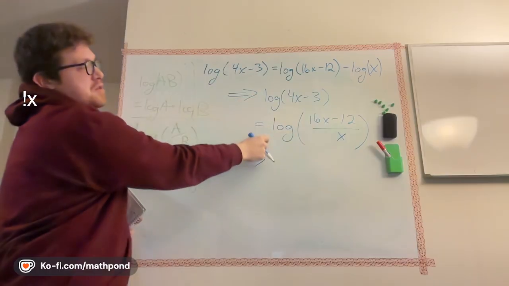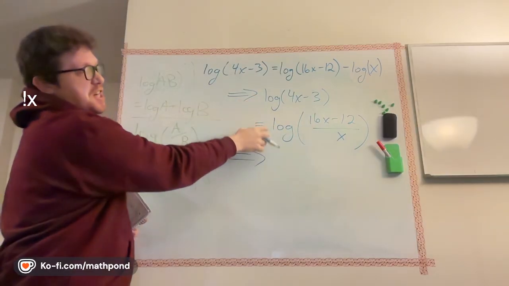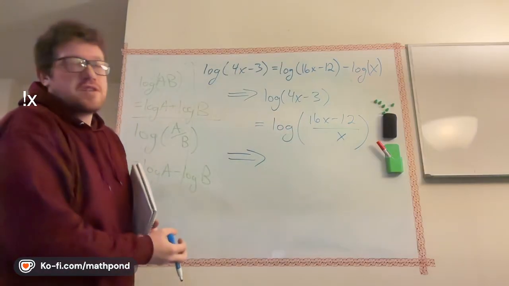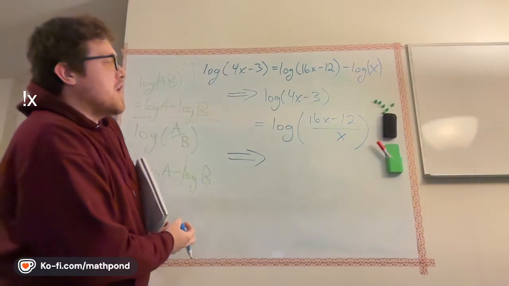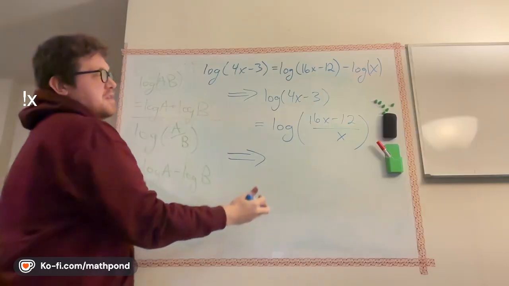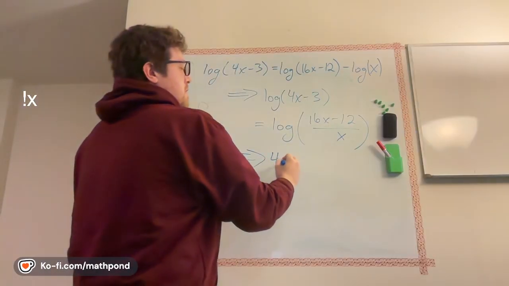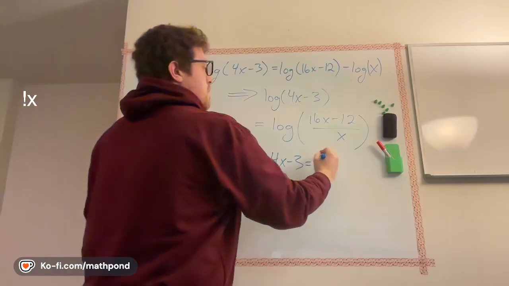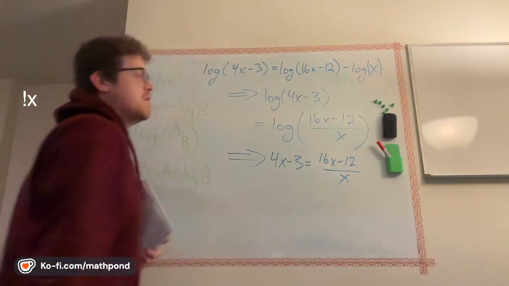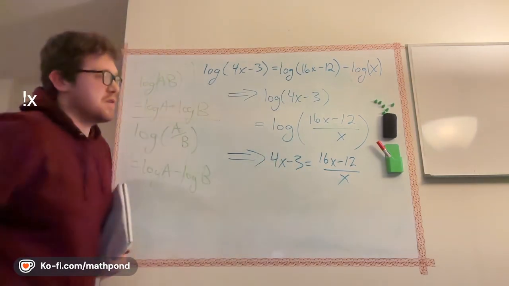Or you can think of it as log being a bijective function, at least on the domain and range where it's defined. So if log of something equals log of something else, that's if and only if the inside things are equal. And then you multiply by x, and then you get your quadratic.